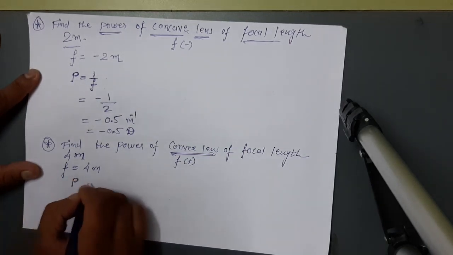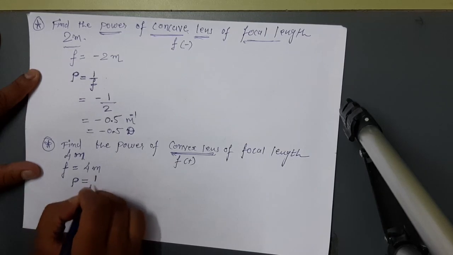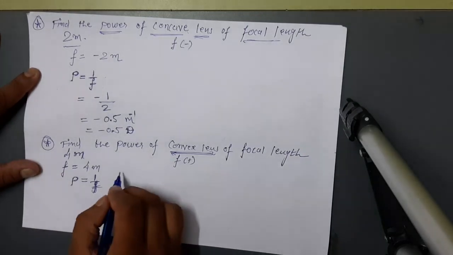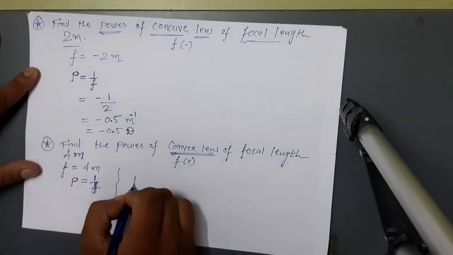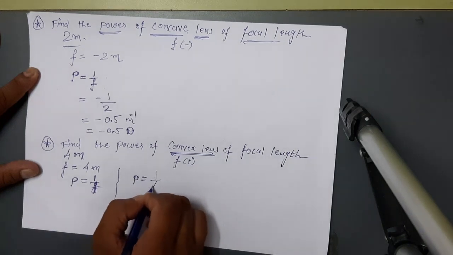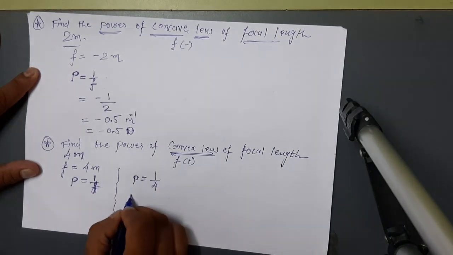Power of lens P is equal to reciprocal of focal length, so P is equal to 1 by F. From that we will get P is equal to 1 by 4. So from this we get the answer.